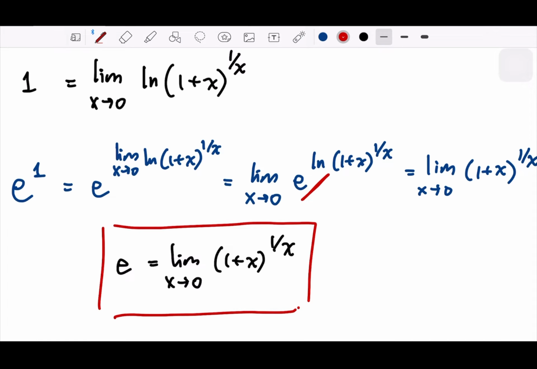Actually, if you didn't change h to x, this would be 1 plus h to the power 1 over h as h goes to 0. It's actually the same thing, but I want to show it in terms of the variable x.